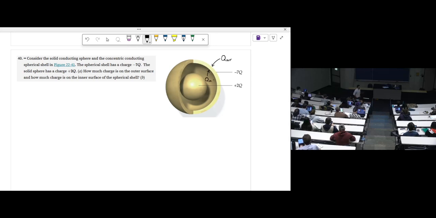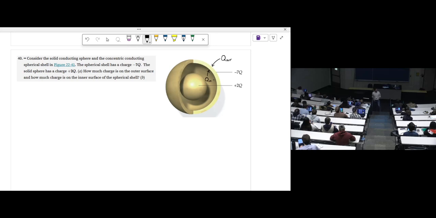And I will tell you, when I ask a similar question on the first exam or the final exam, the majority of you tend to say that the charge on the inner wall is 0Q, and the charge on the outer wall is -7Q.